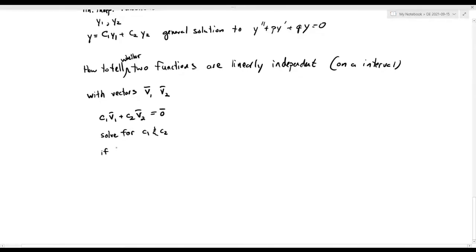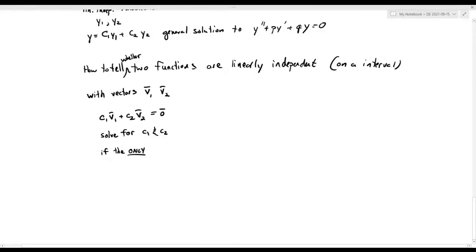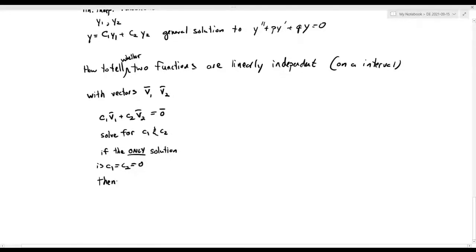And if the only possible solution, right? So if you have a unique solution where C1 and C2 have to be zero, then we know that these vectors are linearly independent.